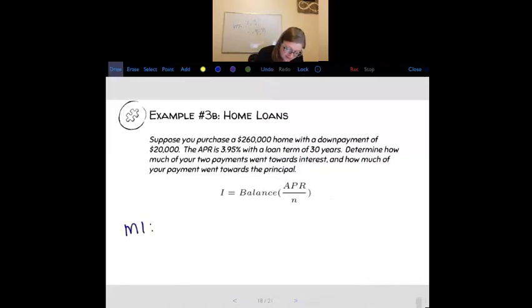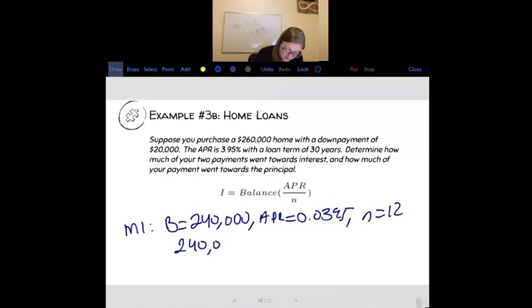our balance is $240,000 because we haven't paid anything yet. Again, it's $240,000 because you put money down, and N is still 12. So we do this calculation, 240,000 times 0.0395 over 12, and this comes out to $790.